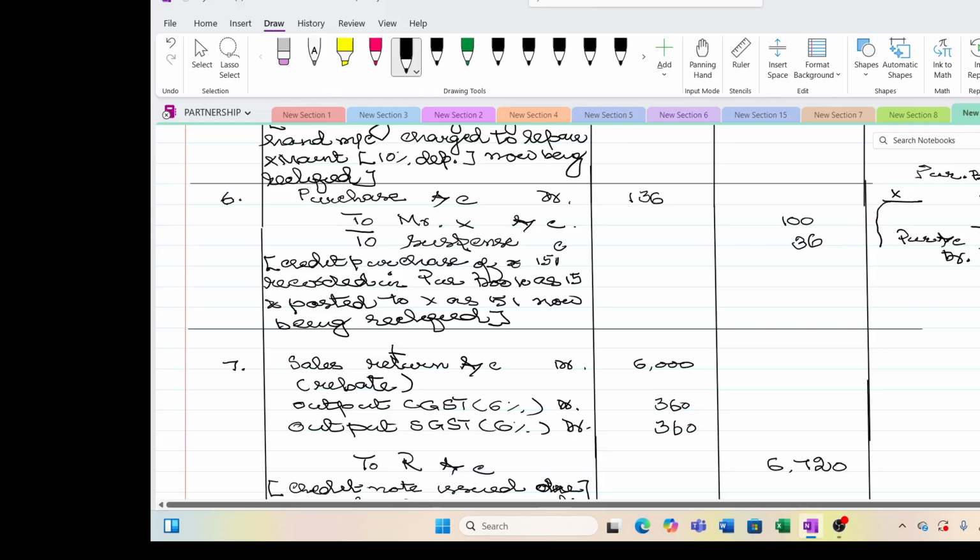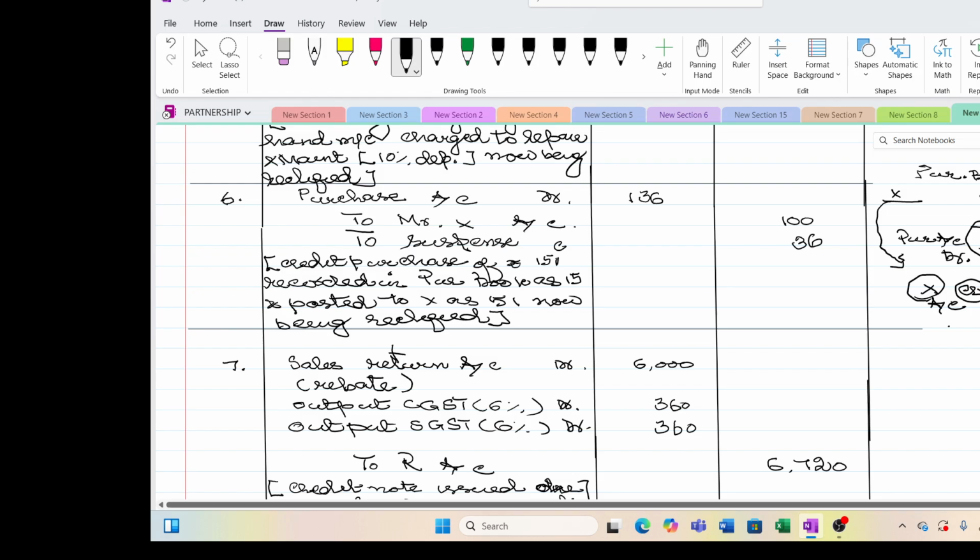When you posted the X account, you have not credited it with 15. You have posted to the credit of X account as 51. Okay. So now the balance brought down on the credit side is 51 for X account, and for purchases account on the debit side the balance brought down is 15.